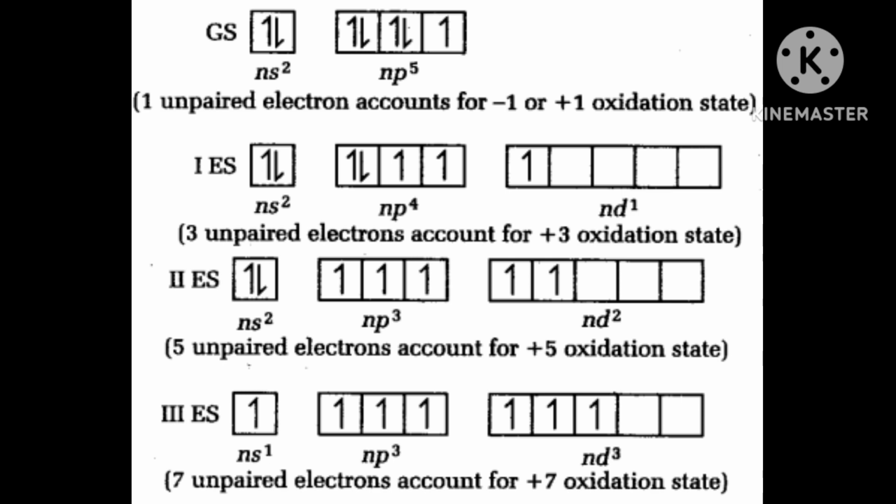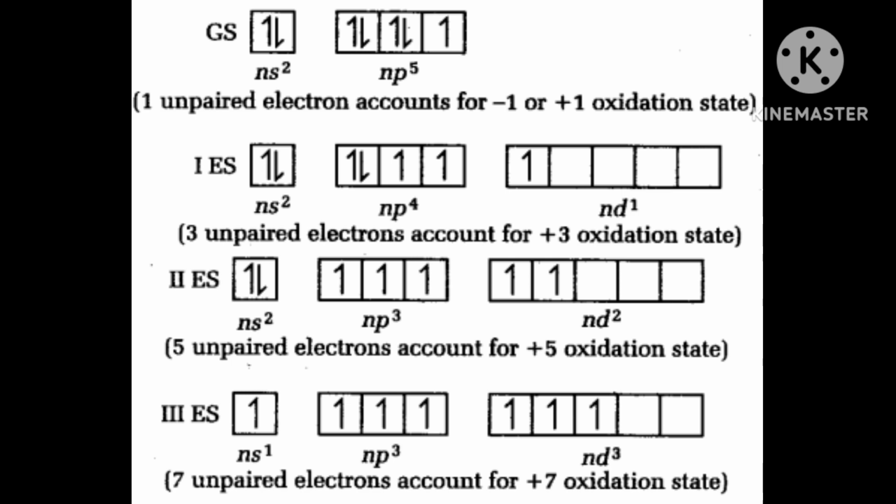Now the second excited state. Now only this px was having 2, and 1 electron will also go to the d. Now everywhere 1 electron will be there.